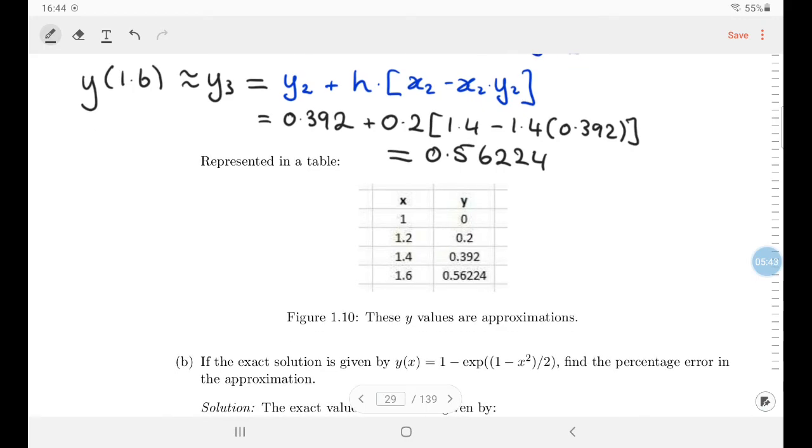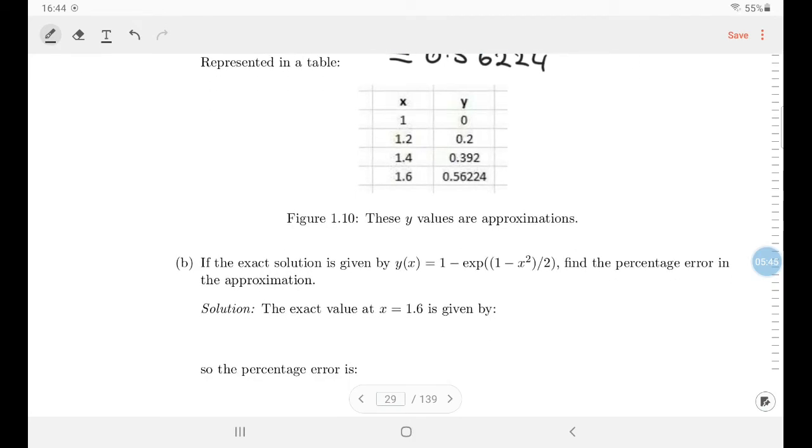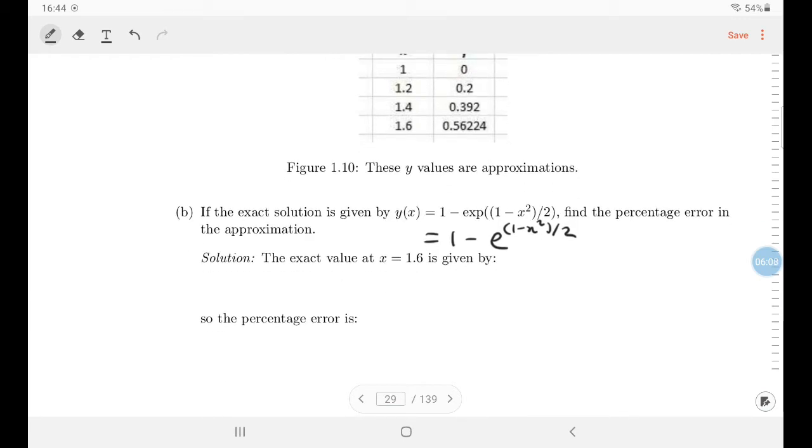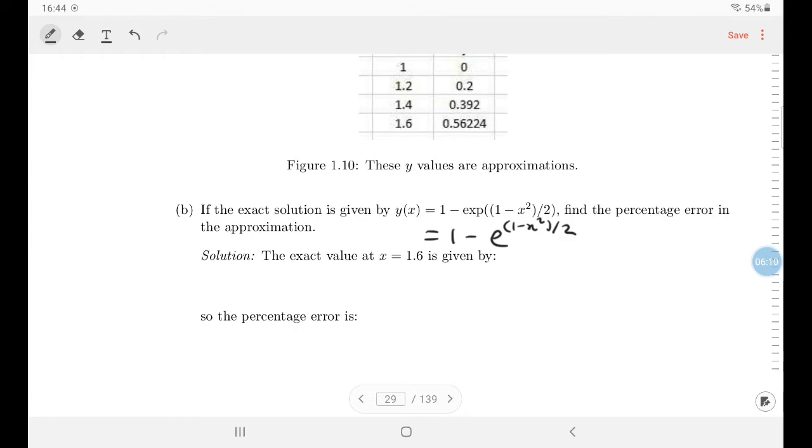So question here: the exact solution is given by this jalopy, which we'd normally just write as 1 minus e to the power of (1 minus x squared) over 2. Something interesting about that. Okay, find the percentage error. The exact value is we put 1.6 into this exact elementary solution.